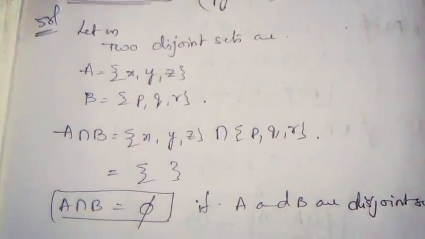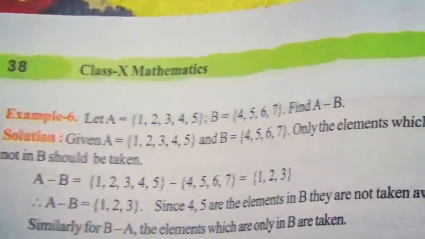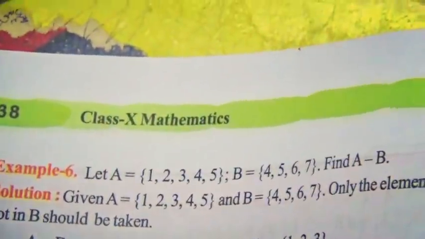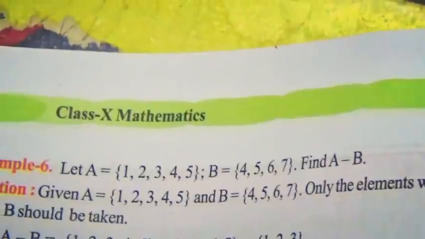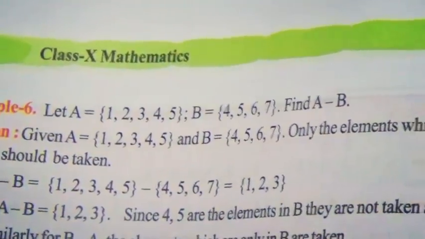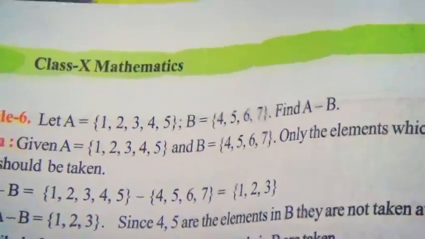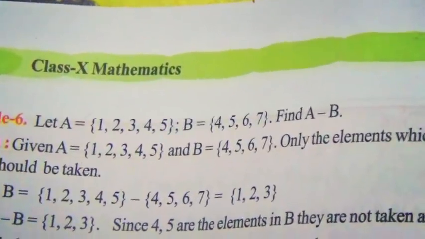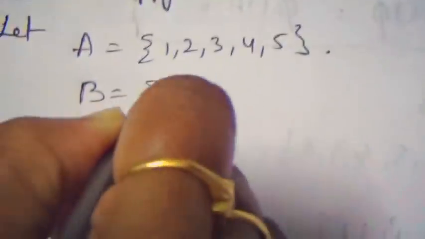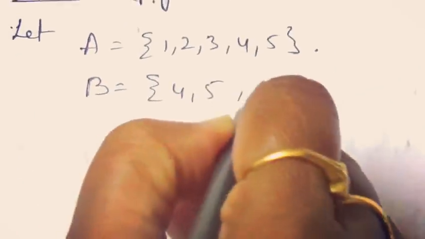Now we enter the next phase, page 38, where we have Example 6. What is given here? A is equal to {1, 2, 3, 4, 5} and B is equal to {4, 5, 6, 7}.